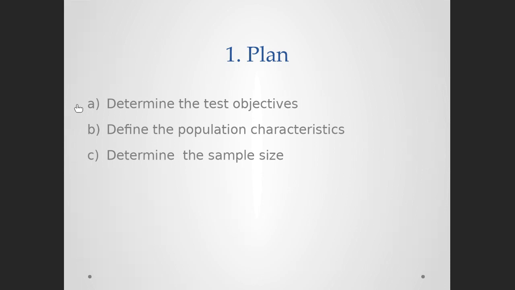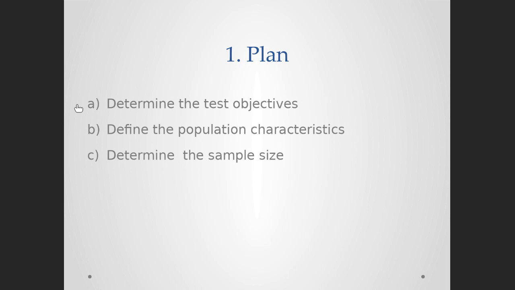Now, to do that, we can use different sampling techniques, and here we are using the monetary unit sampling. So before we do the actual test, we have to plan.